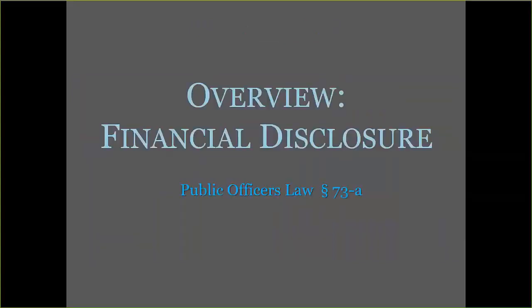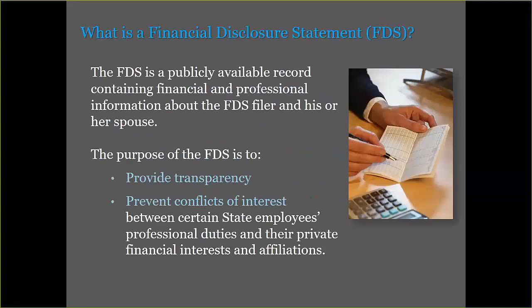All right, so let's get started with talking first about the financial disclosure process here. Now, first of all, what is an FDS form? For those of you who are brand new, we use the acronym FDS because financial disclosure statements is quite a mouthful. So that's your first acronym check for the day. Now, the FDS is technically a publicly available document.